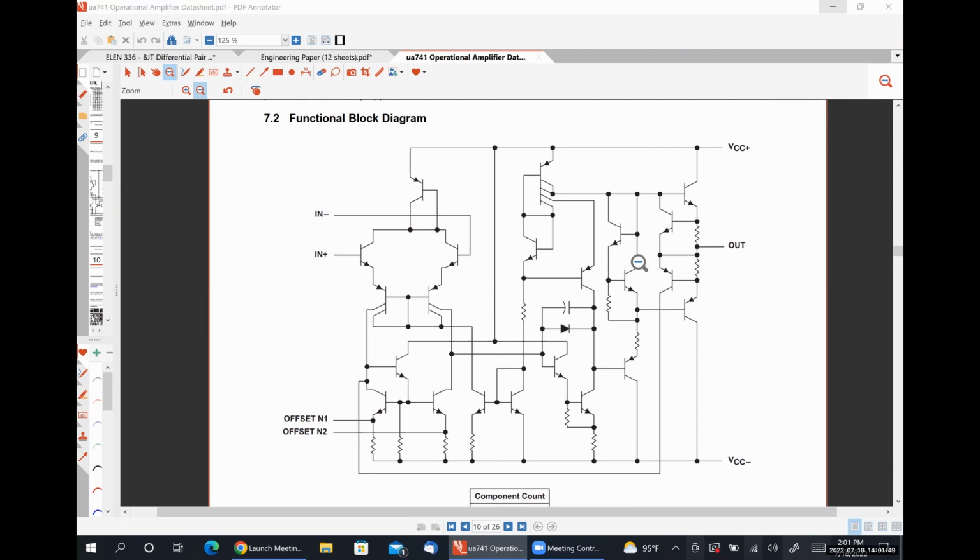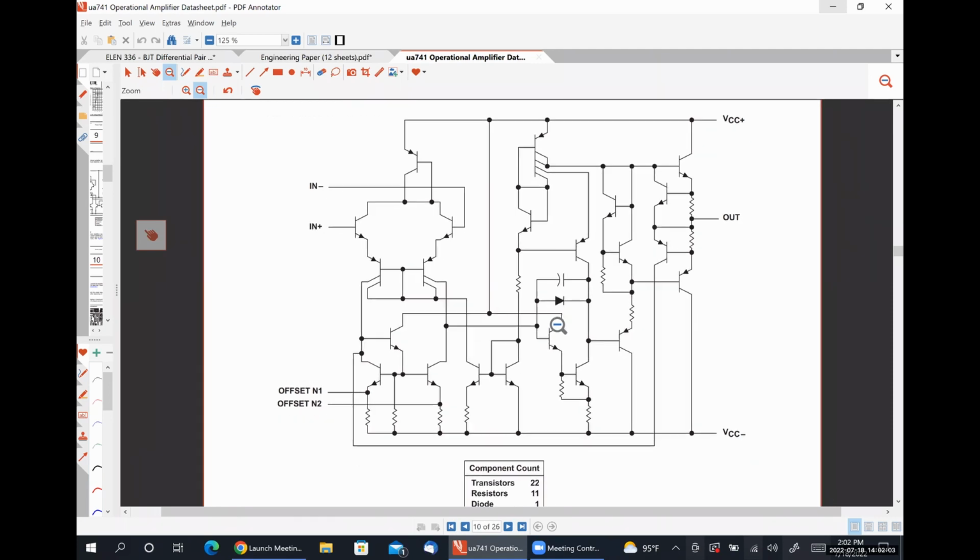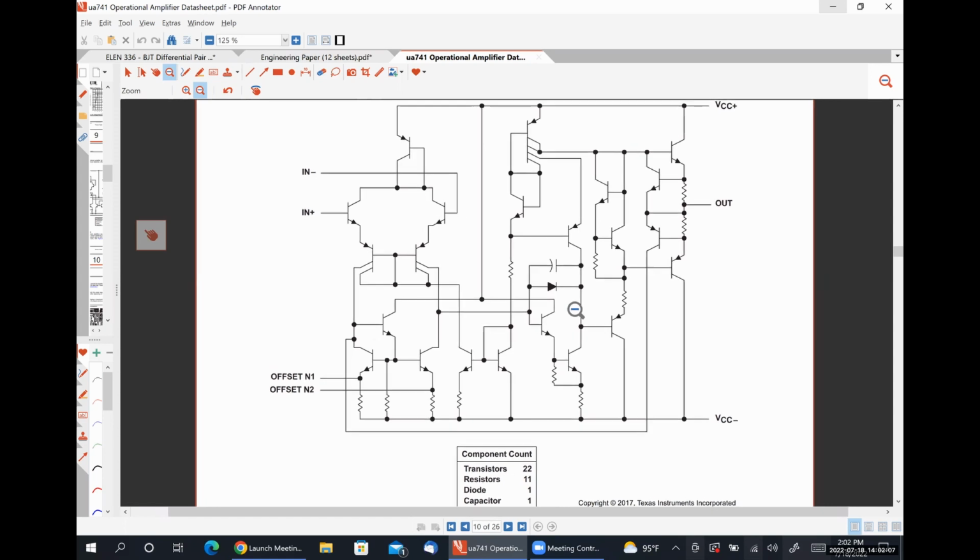Now this is well beyond the scope of our class, but this particular circuit contains 22 bipolar junction transistors, 11 resistors, a diode, and a capacitor.